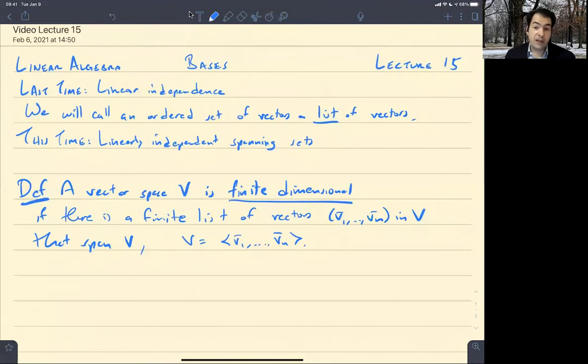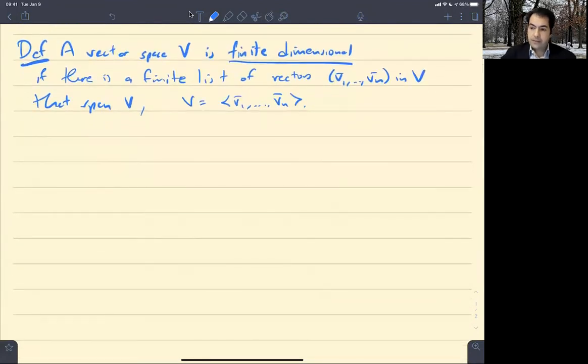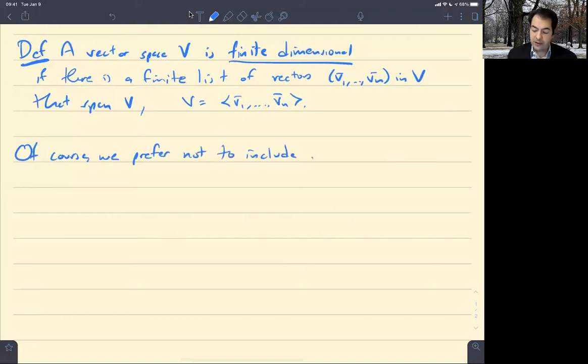If a space is not finite dimensional, we say that it is infinite dimensional. Right, of course, we prefer not to include redundant vectors.